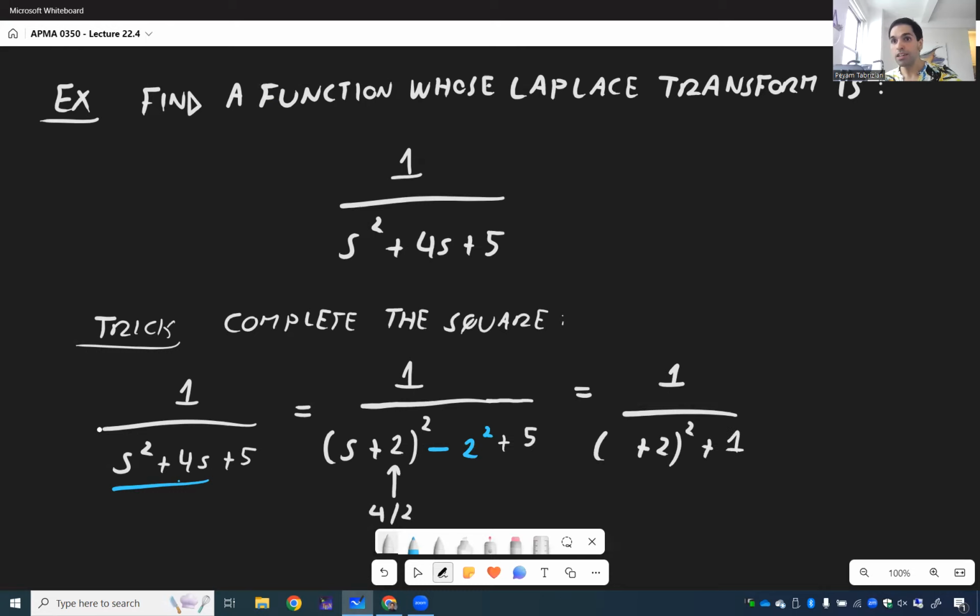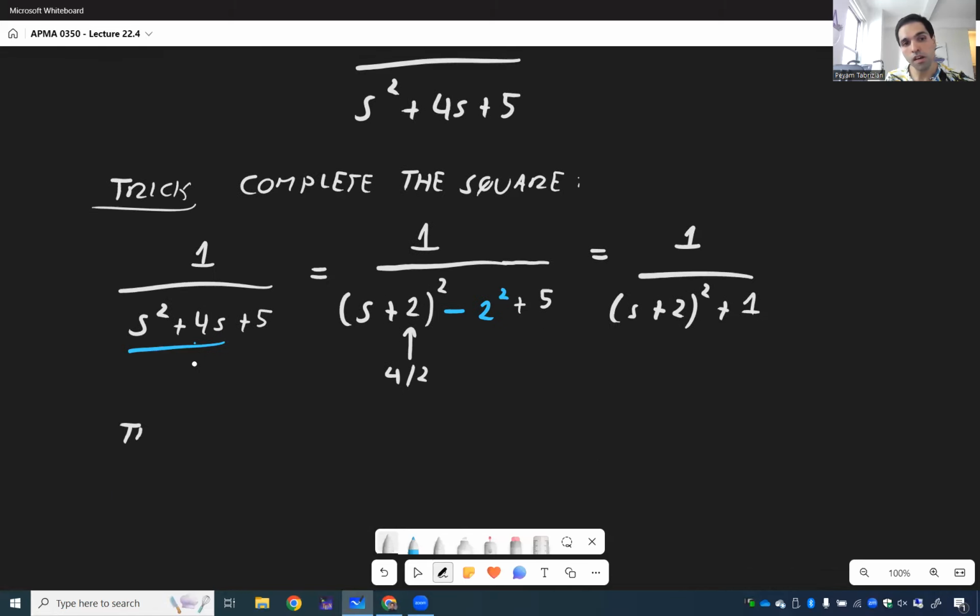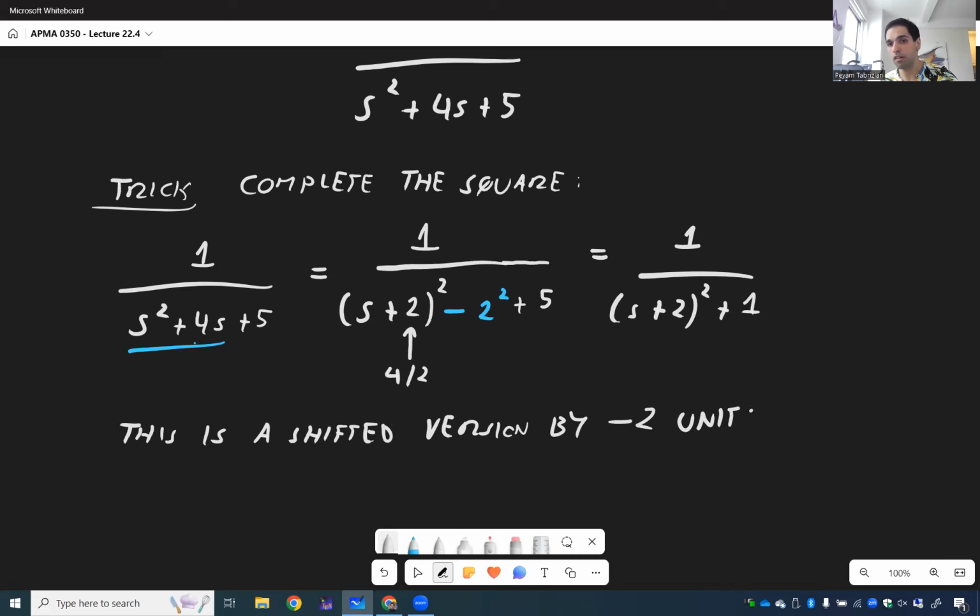And you see, this is more apparent to be a shift, because this is now a shifted version, by not 2 units, but minus 2 units, because you have s minus minus 2 of 1 over s squared plus 1.